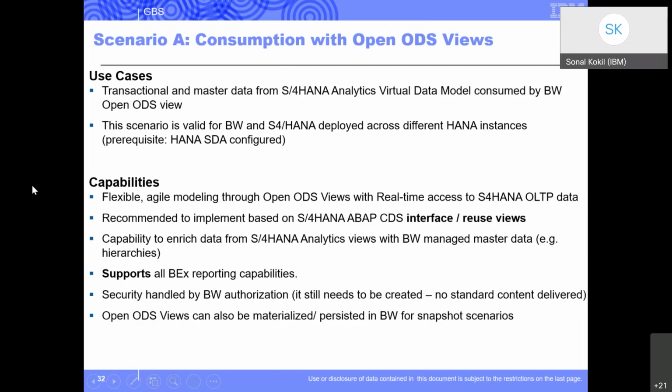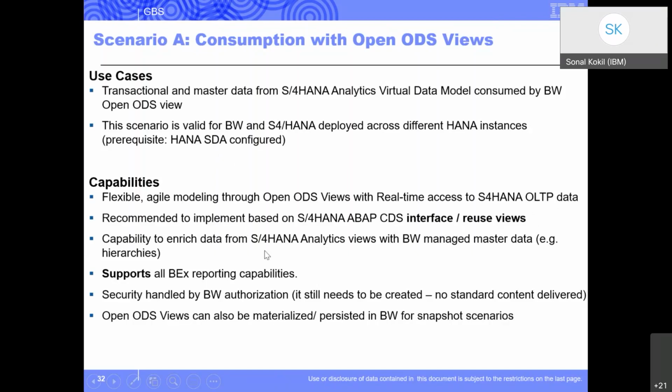What capability does it provide? It provides flexibility, agile modeling through open ODS view, and real-time access to S4 OLTP data. This is the quickest way to create your report and show it to your client, and with agile methods it can be very useful, where in your workshops you can show it to your client. It is recommended to implement based on the S4 ABAP CDS interface reuse views.